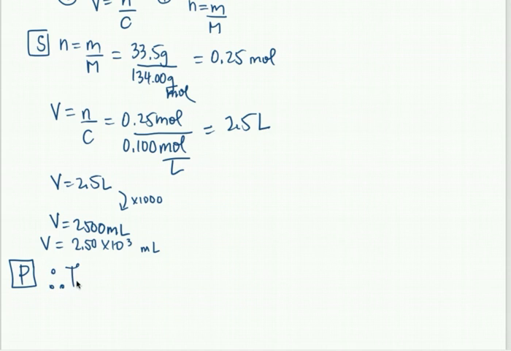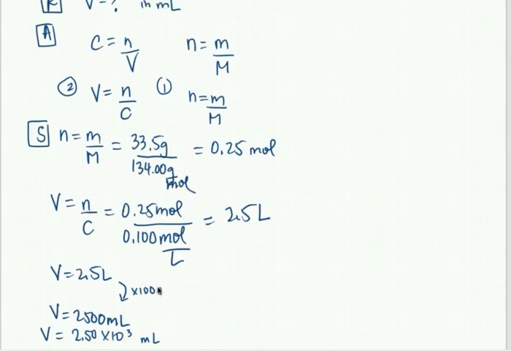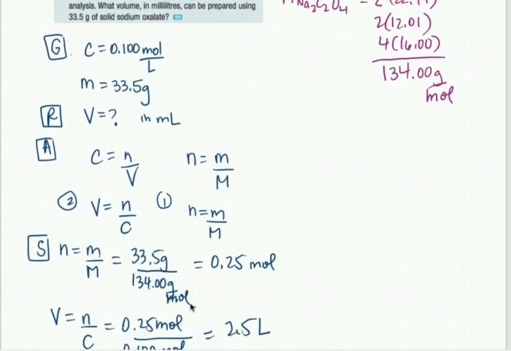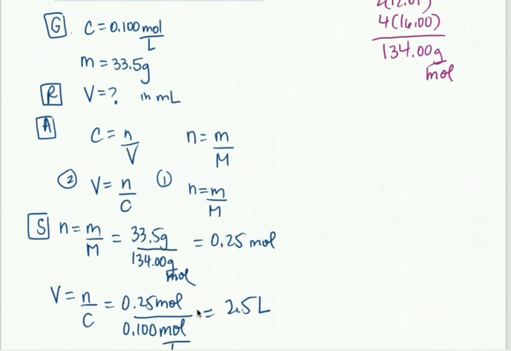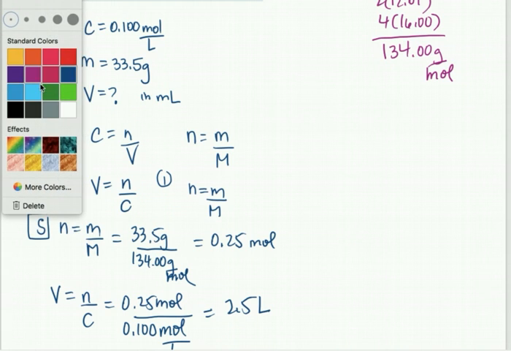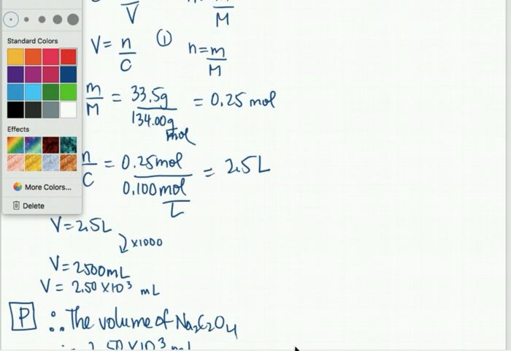We found the volume of sodium oxalate is 2.5 times 10 to the 3 milliliters. All right. Okay, and then just to finish off, here is the unit analysis method.